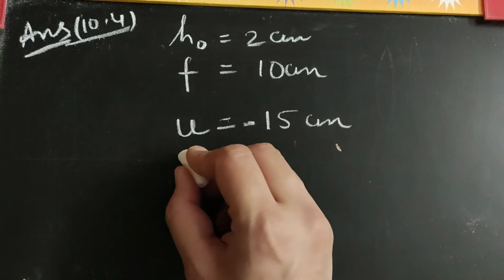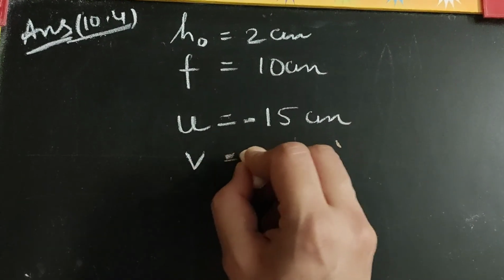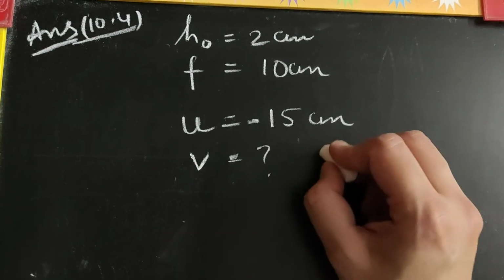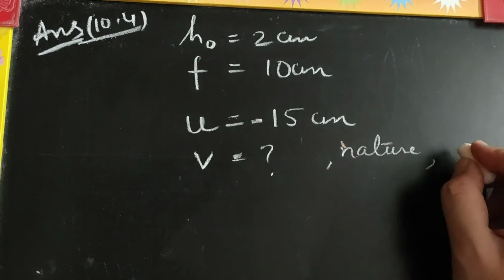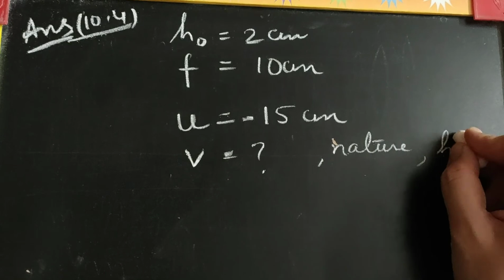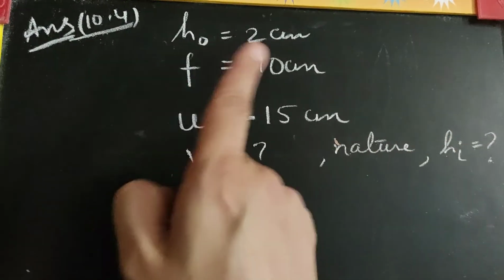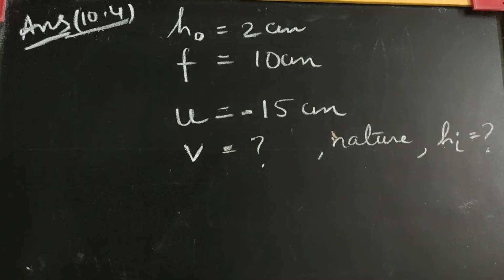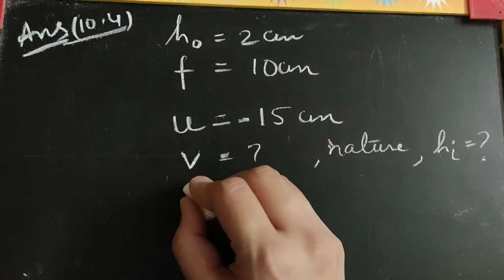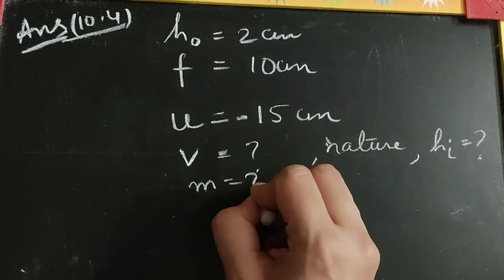Now you have to find the position of the image, that means v is to be calculated, the nature of the image and the size of the image. Size of the image would mean that you have to calculate hi, height of the image. Height of the object is given, height of the image is to be calculated. Also you have been asked to calculate the magnification.